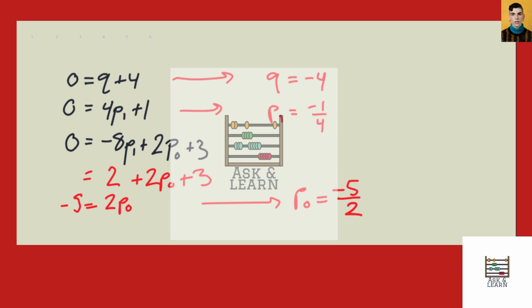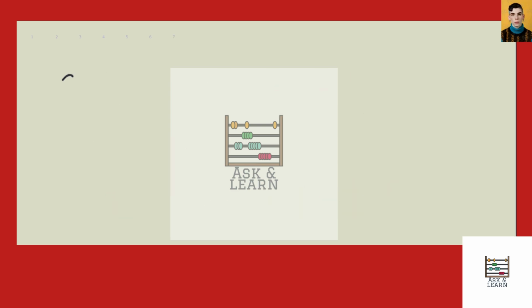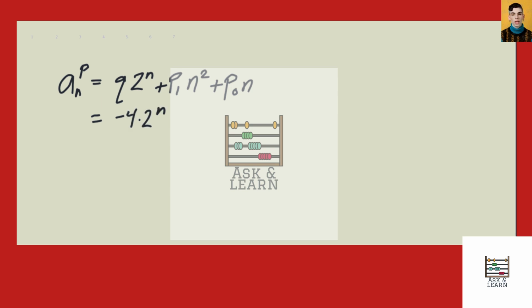So now that we have these, we can write our particular solution. So we have that our particular solution, which was q times 2 to the power of n plus p1 times n squared plus p naught times n, becomes negative 4 times 2 to the power of n minus 1/4 n squared minus 5/2 times n.